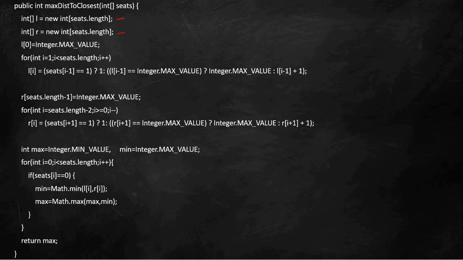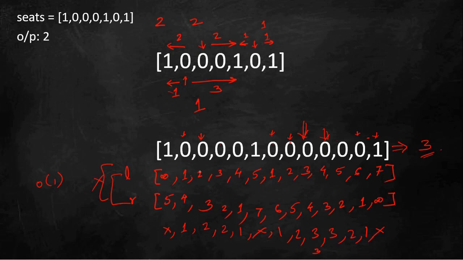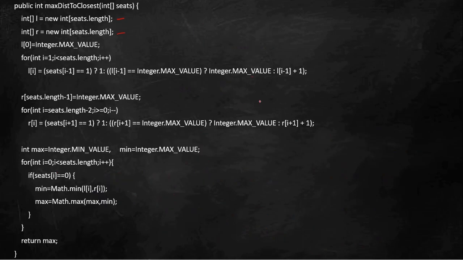Else if my previous left of i minus 1 is max value, then I will keep the max value for the current index as well, else it will be the previous value plus 1. So here it was 2 for left, so it was nothing but the previous left of i, which is 1, plus 1, 2. So that is what we are doing here, it is previous left of i minus 1 plus 1.